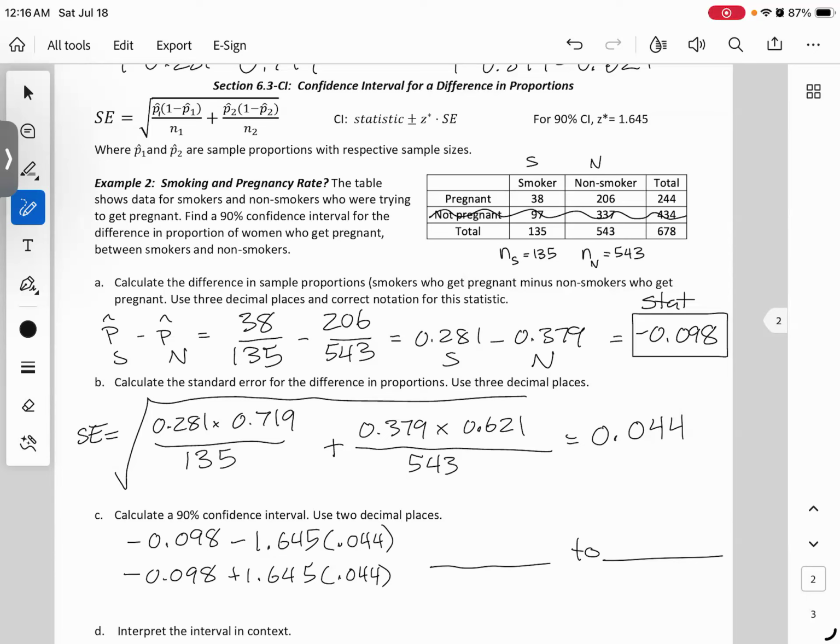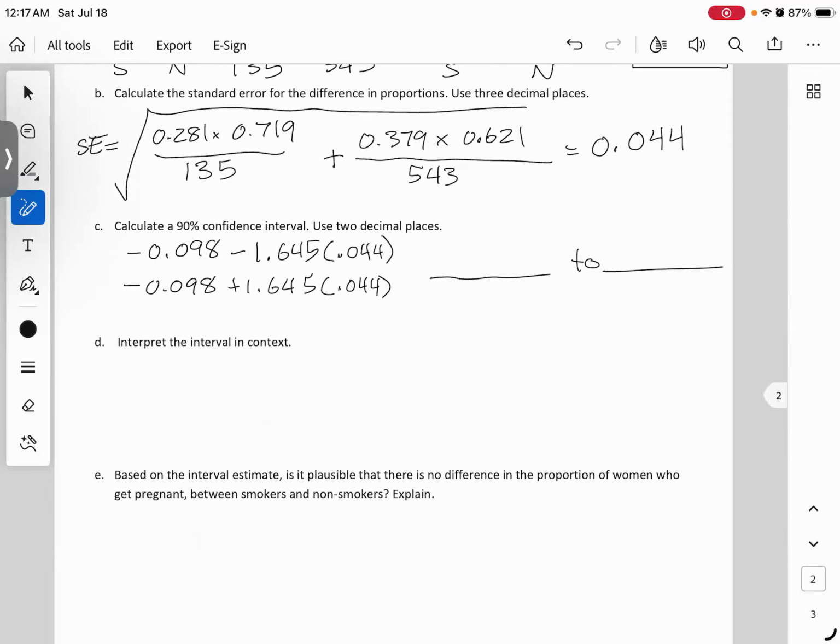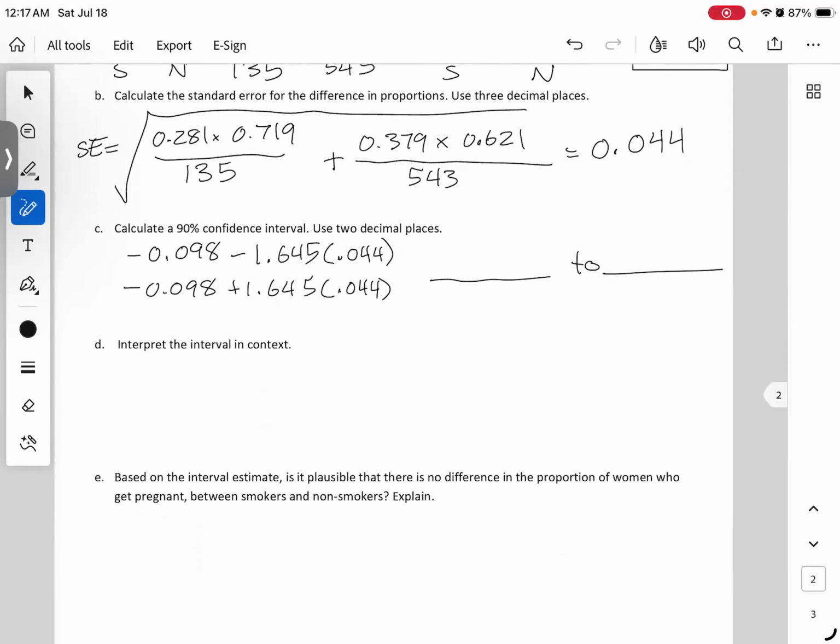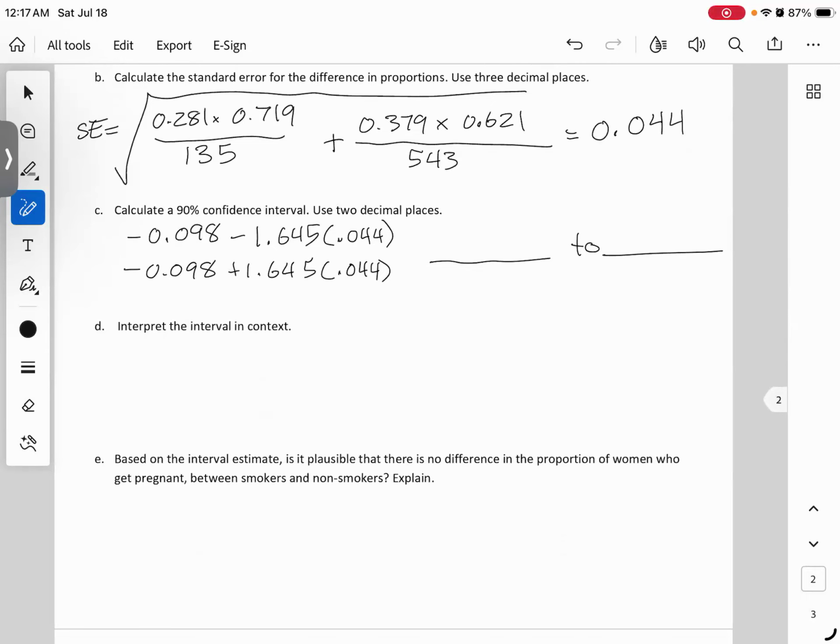And again, I'd recommend doing the subtraction first. That way you get your smaller number, and then do your plus version to get your larger number. Again, go ahead and try that first without me. And then all I'm going to do here is just start working a little bit on the usual interpretation that we do, at least the starting of it.